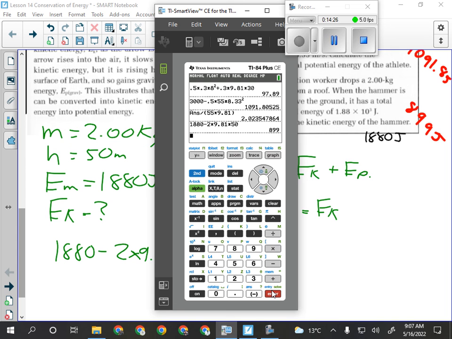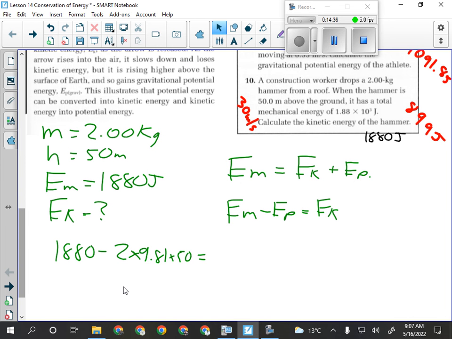All right, what if the question didn't ask me for that, but asked me for how fast it was going? Could I calculate that? Absolutely. And actually I could do it even from this step right here. If I had EM minus m times g times h equals 1/2 mv squared, I'm saying the same thing here.